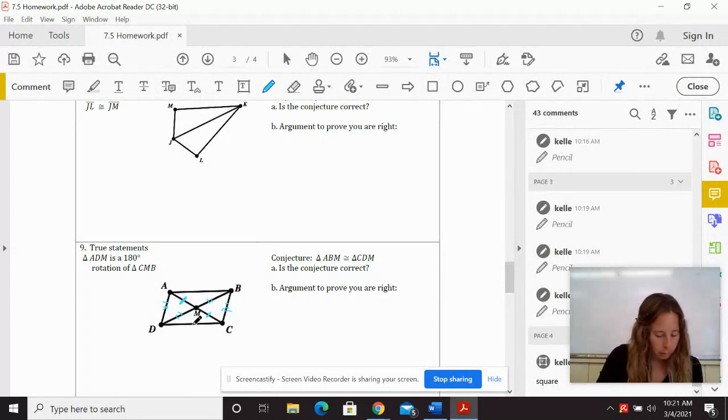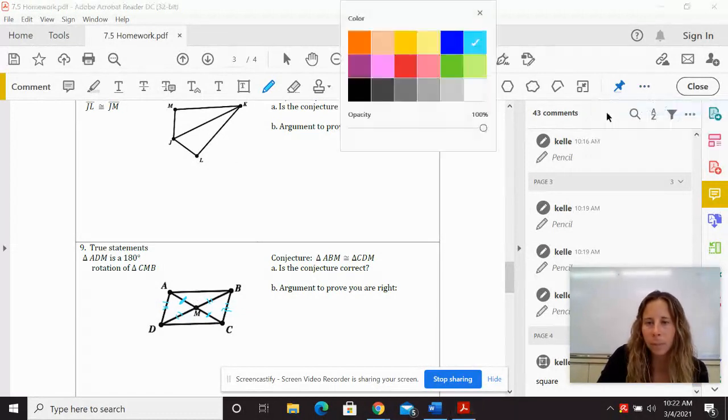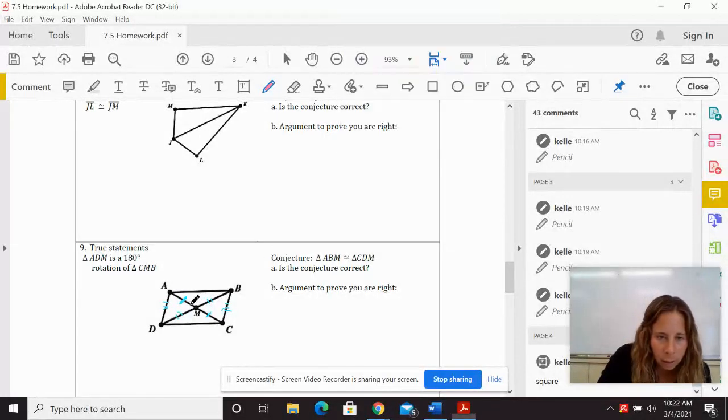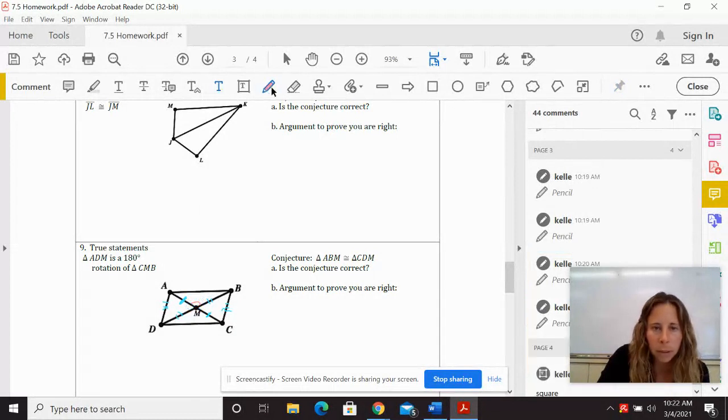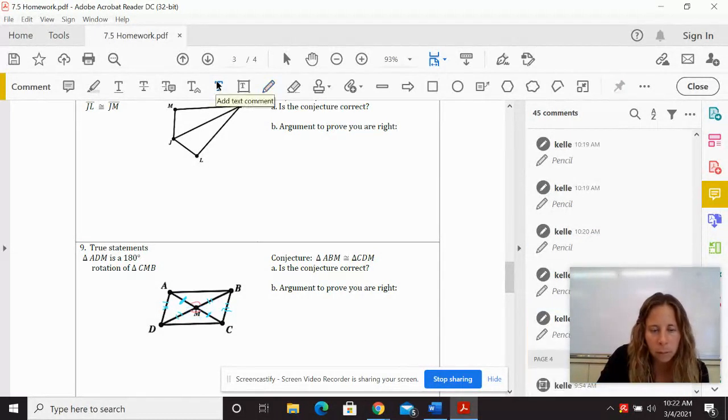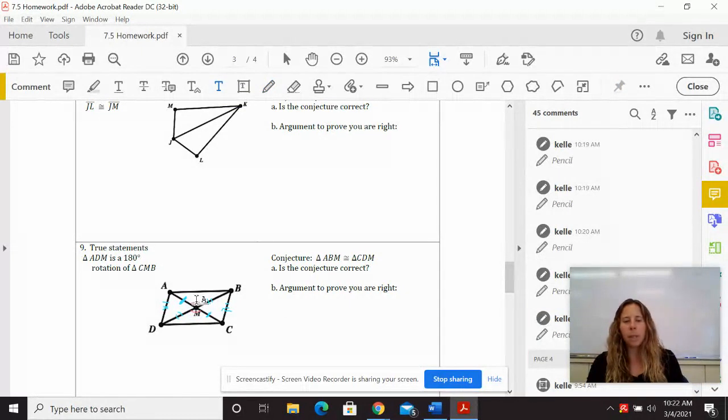So we know, this is throwing you back to geometry last year, that this angle is equal to this angle. Do you remember that? That's because these are considered vertical angles. Here, let me give you a better definition.